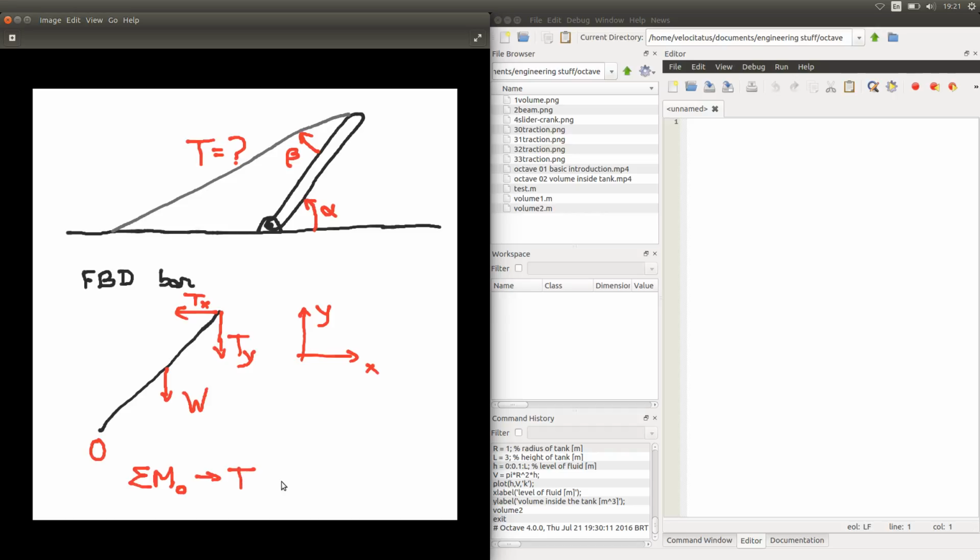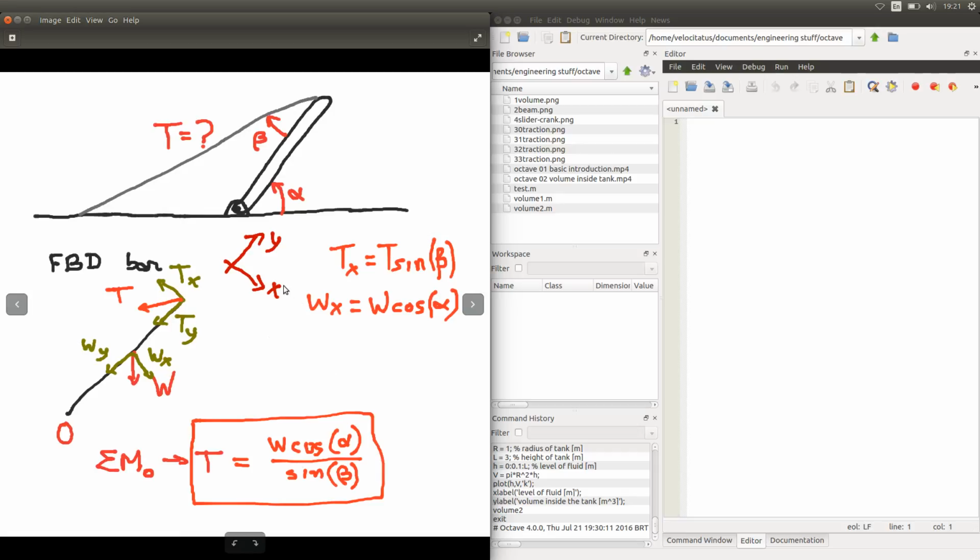However, maybe a simpler way is to have our reference frame like so, with the y-axis along the direction of the bar and the x-axis transversal to it. So the components of our weight in x and y directions would be here, and the components of the tension in x and y directions would be like so.